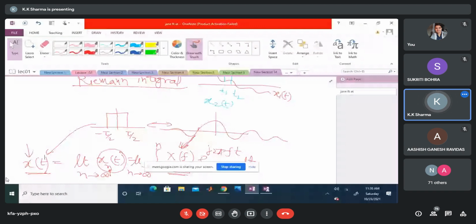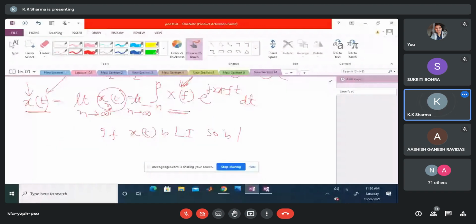If |x(t)| is Lebesgue integrable, so is x(t). Such thing does not hold good in general for Riemann integral. So these two statements will not hold good in general for Riemann integration of a function.